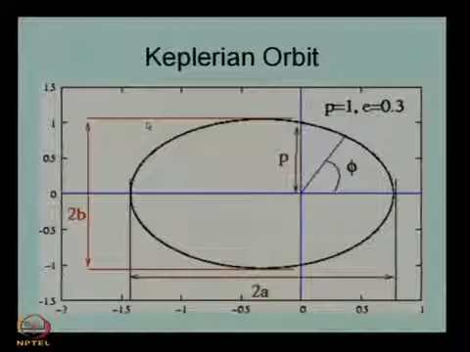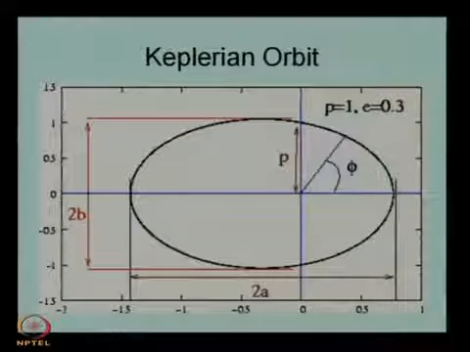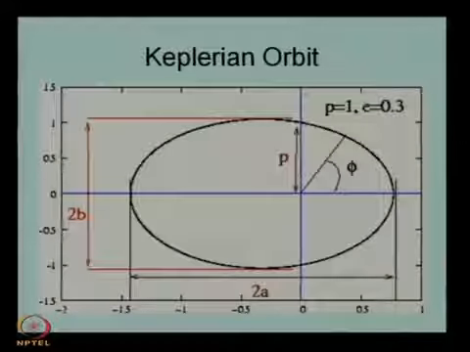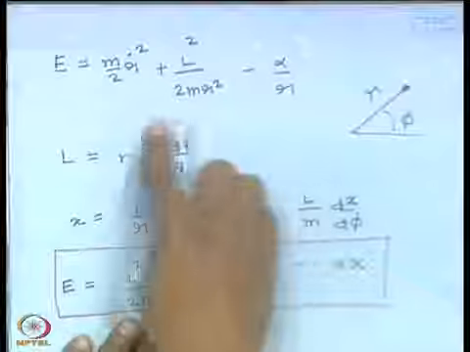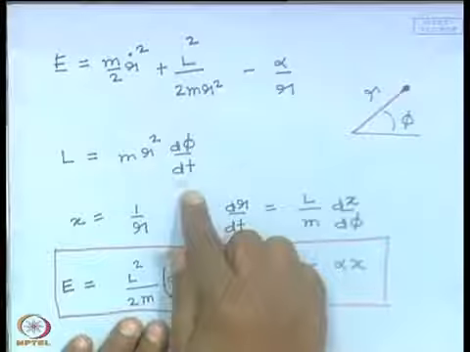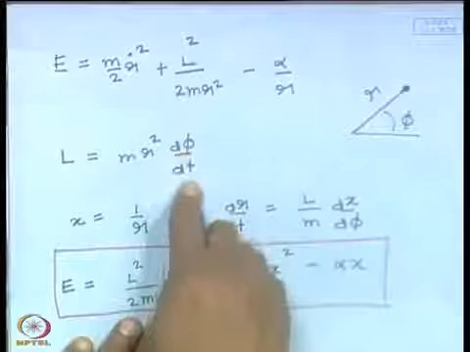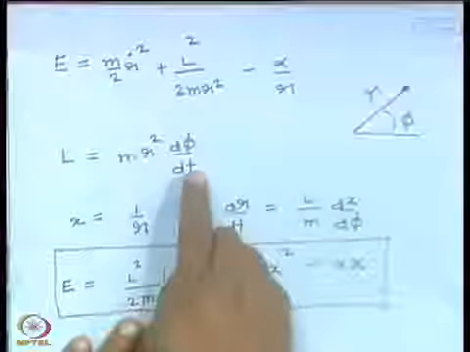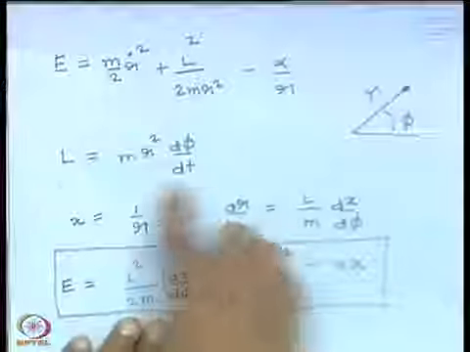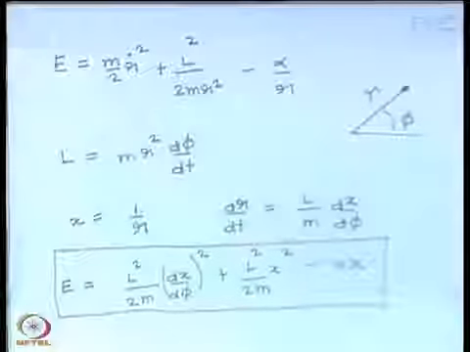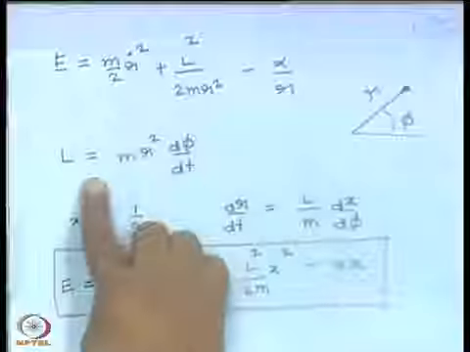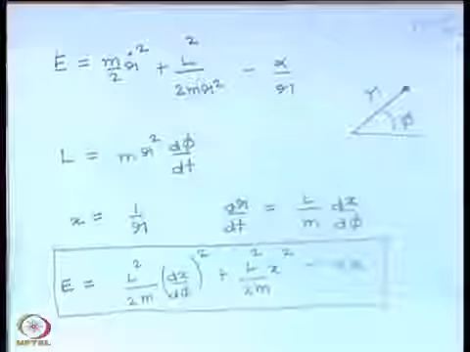Now, if you want to calculate r and phi as functions of time, then one has to use this equation and obtain phi in terms of time, and it involves some integration again. We will not discuss this. We are interested here in r as a function of phi.